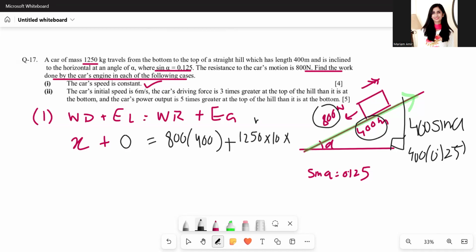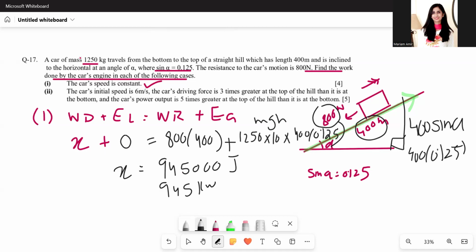So this is mgh, times 400 times 0.125. Solve this and get the value, which comes out to be 945,000 joules or 945 kilojoules.